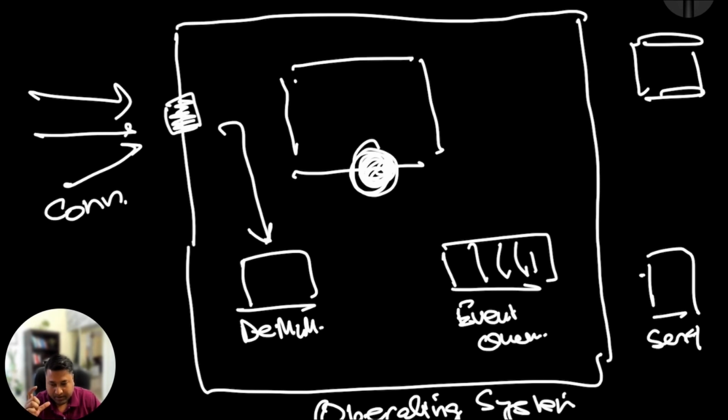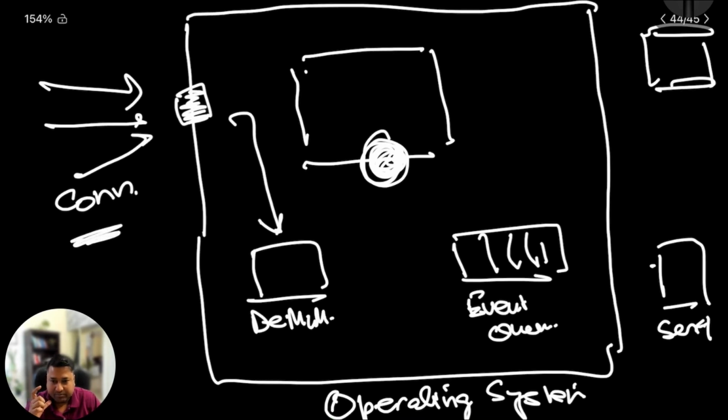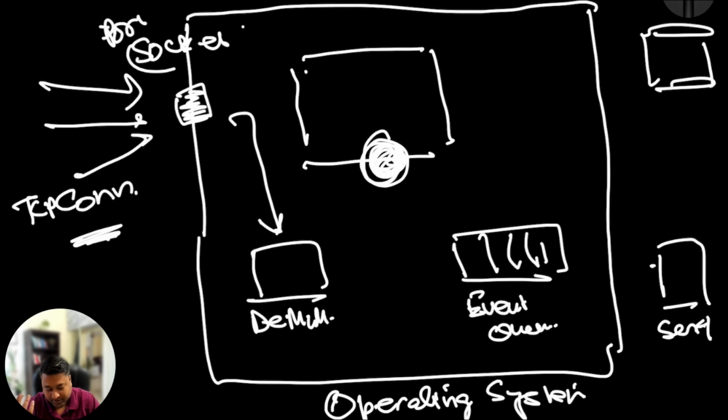If an activity, a TCP connection, happens at a particular socket, let's say you have a port number here, and for this port number you have a socket in your operating system, then your demultiplexer is listening to that particular resource. It sees, okay, a connection has been made. It picks up that request and creates an event E1. Alright.